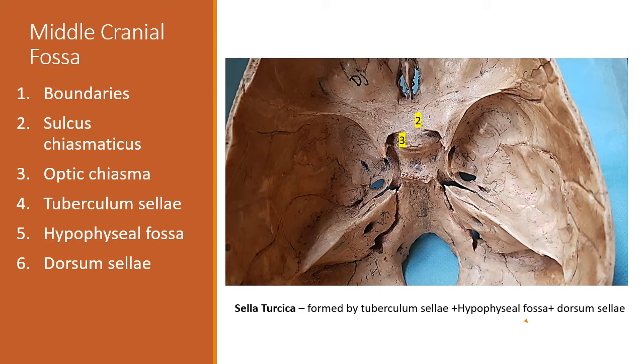Behind that there is a groove called the optic chiasma, then a raised area, that is the tuberculum sellae, the center part, which is the hypophyseal fossa, and behind it another raised area, that is the dorsum sellae. The tuberculum sellae on either side shows two elevations which are called the middle clinoid processes, and the dorsum sellae on either side shows the posterior clinoid processes.